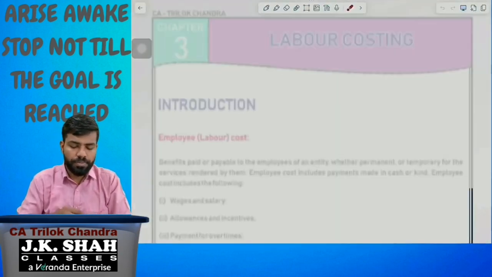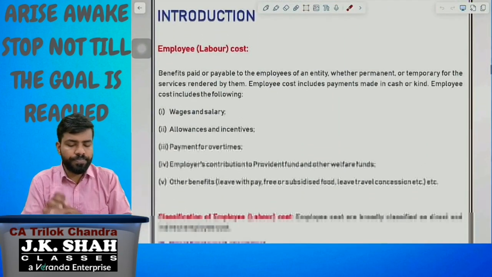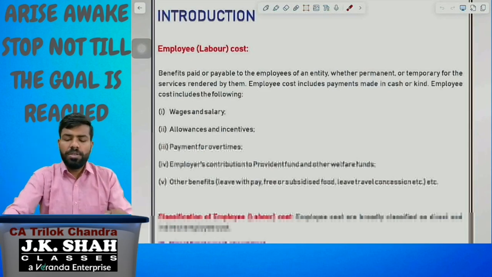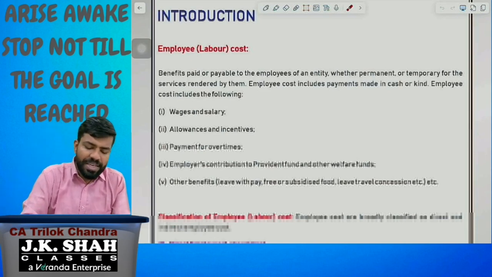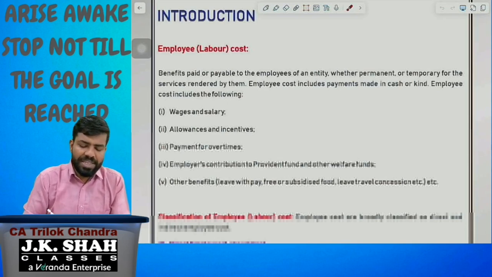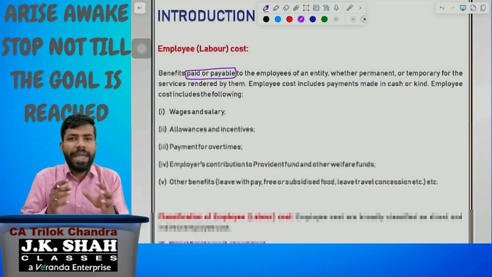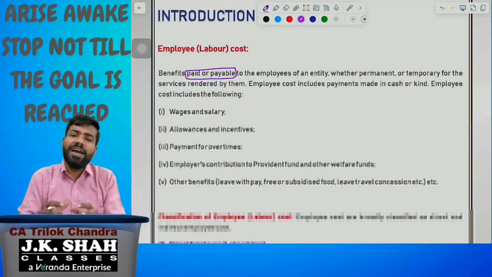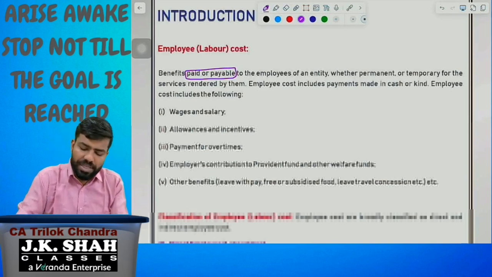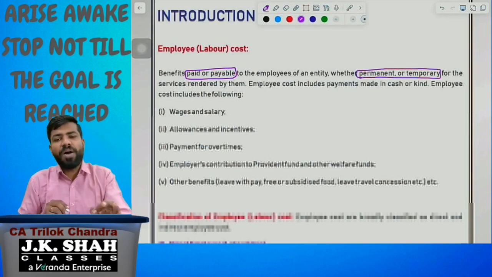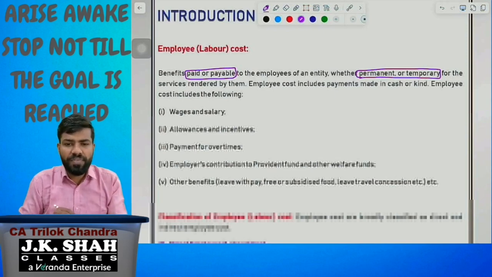Okay, now look here. First, we need to understand the different elements that will be accounted as employee cost. Look at the definition given by the Institute: benefits paid or payable to the employees of an entity, whether they are permanent or temporary employees, in the form of cash or kind.